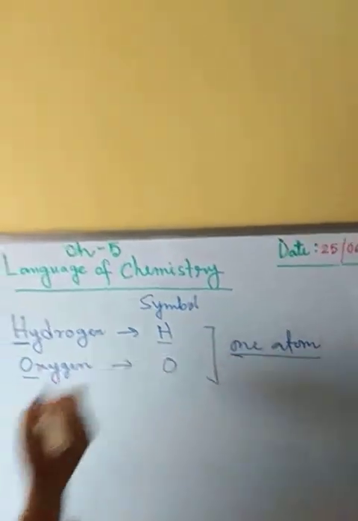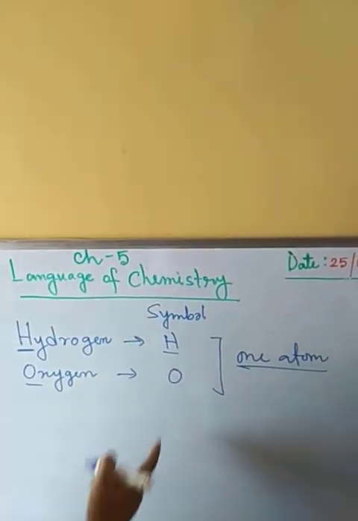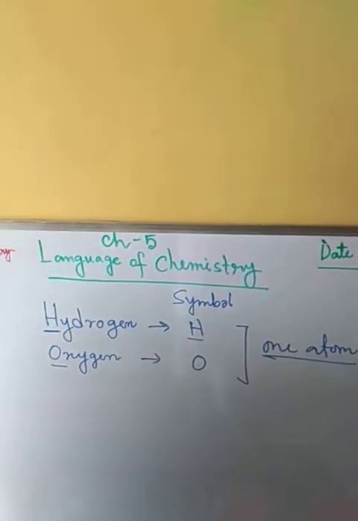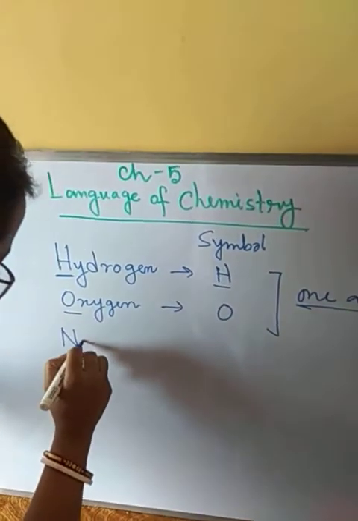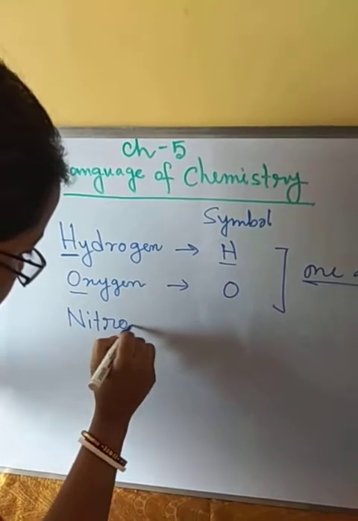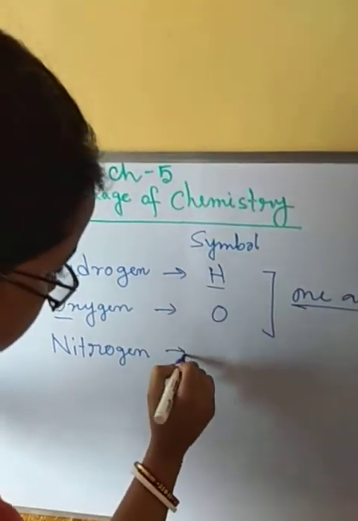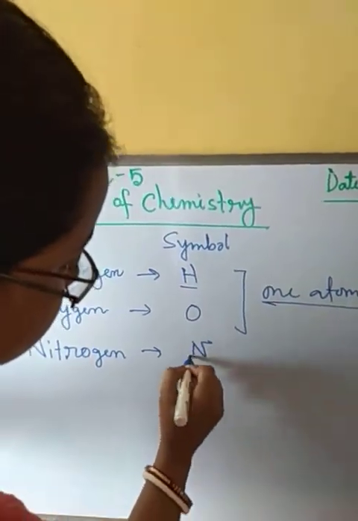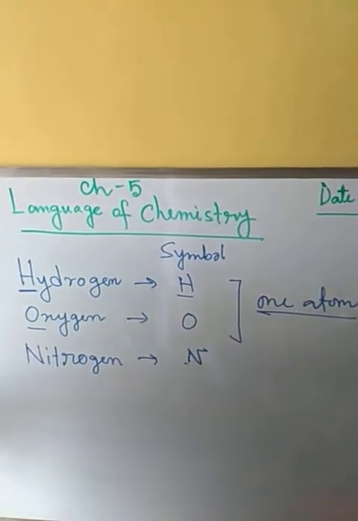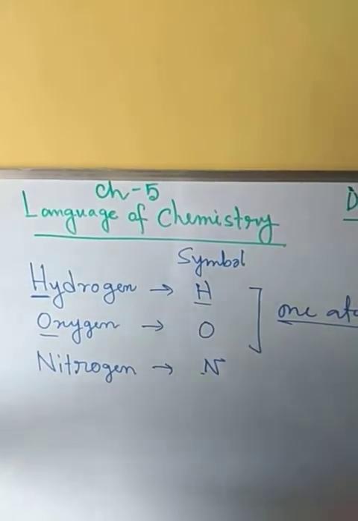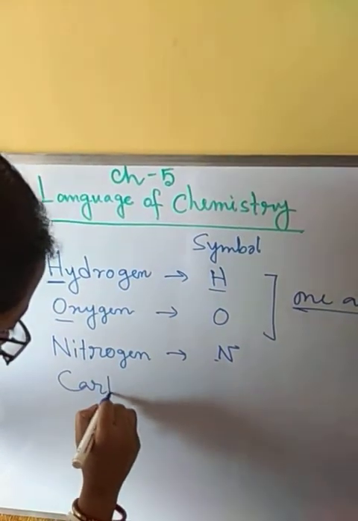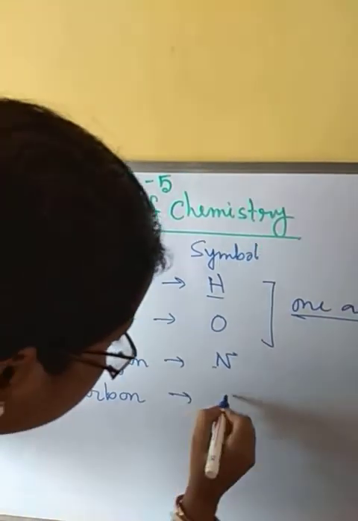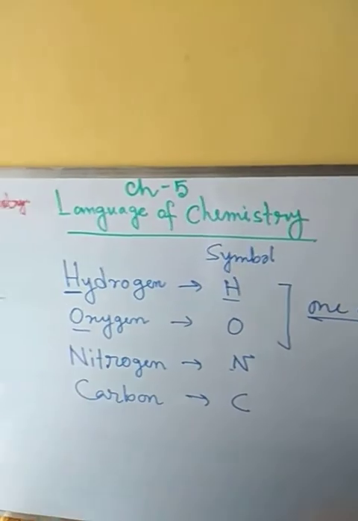Like by H we are representing one hydrogen atom, by O we are representing one oxygen atom. In the same manner for nitrogen, N is the symbol. This is one atom of nitrogen. Carbon also in the same manner, C is the symbol for carbon.